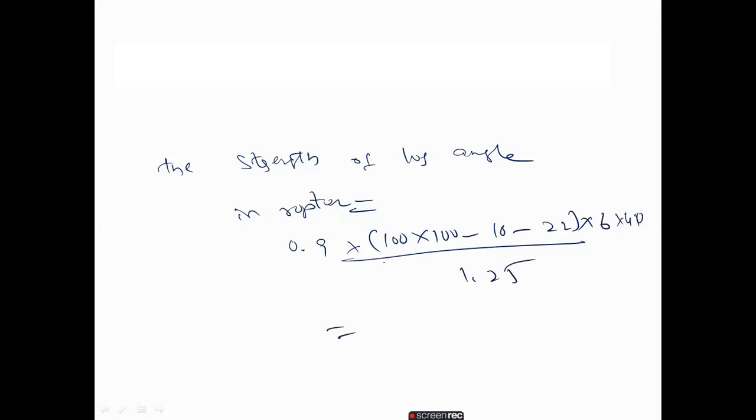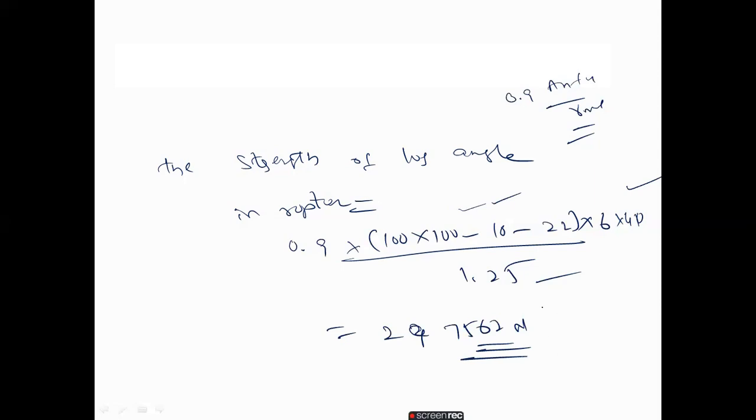That is the formula 0.9 AN Fu by gamma ml. I substituted AN as calculated, and you will get the answer 297562 newtons.